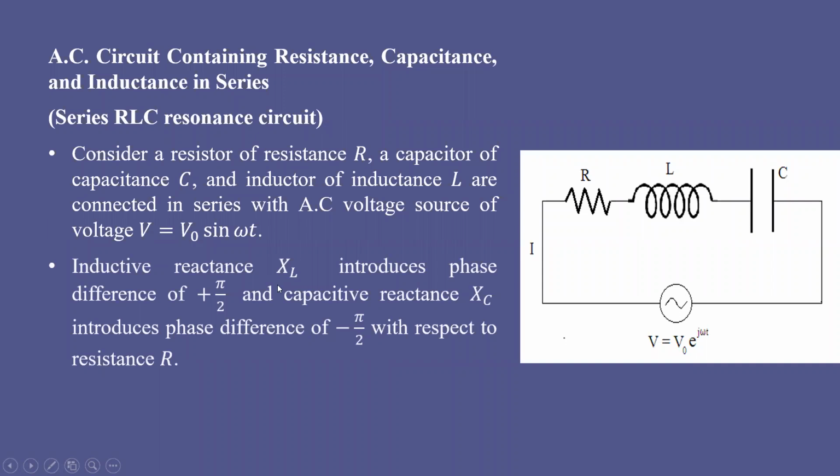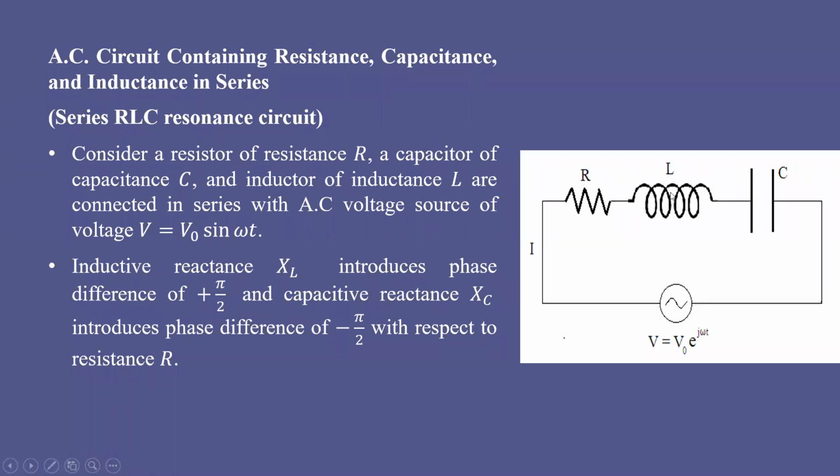Now already we know that inductive reactance XL introduces phase difference of plus pi by 2. Already I have told you the inductor will introduce the phase difference of plus pi by 2, and capacitive reactance XC introduces the phase difference of minus pi by 2 with respect to the resistance R, because voltage and current will be in phase with respect to the resistance.